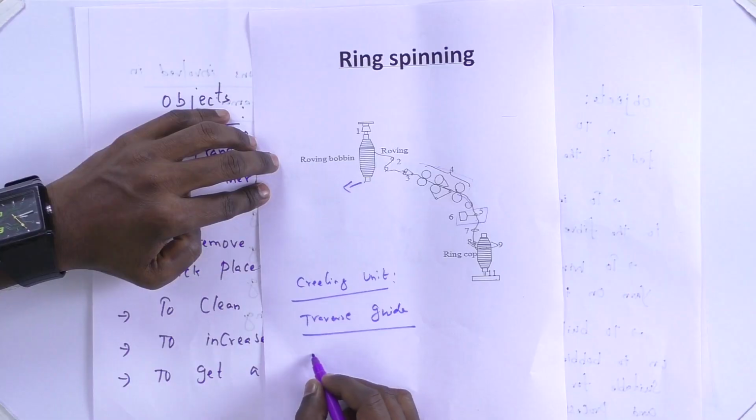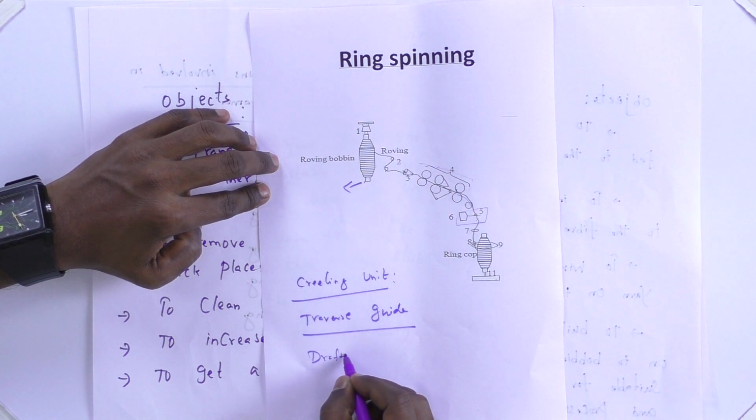The traverse guide is used to avoid the channeling problem in the rollers, because without a traverse guide the yarn passes only in one area or one way, following the same path. While using a traverse guide, it traverses the material through the width of the roller, so uniform abrasion and uniform pressure are applied to the yarn. Then it reaches the drafting unit.